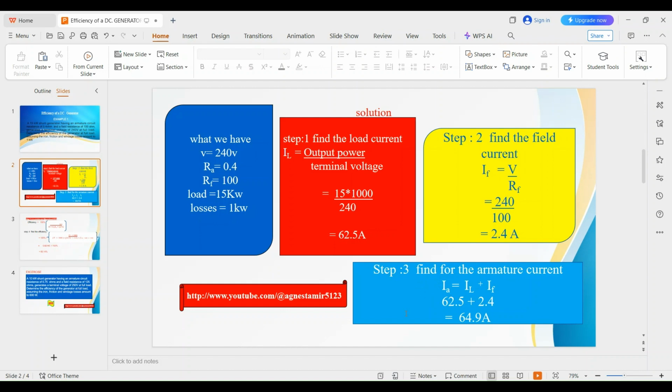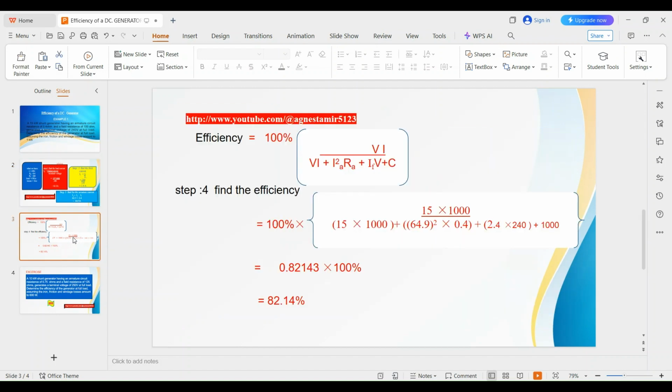Our load current is 62.5 amperes and our field current is 2.4 amperes. So when you sum up these two, we shall get the armature current, which is 64.9 amperes.